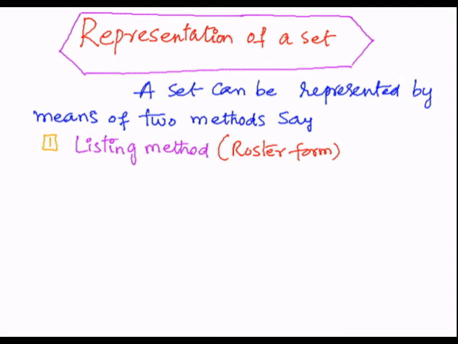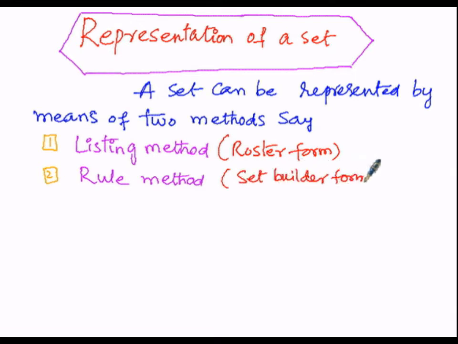The second one is the rule method, or in other words, the set builder form. Listing method, roster form; rule method, set builder form.